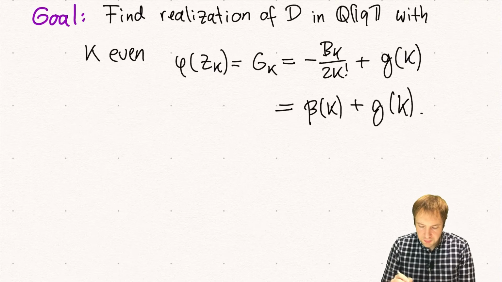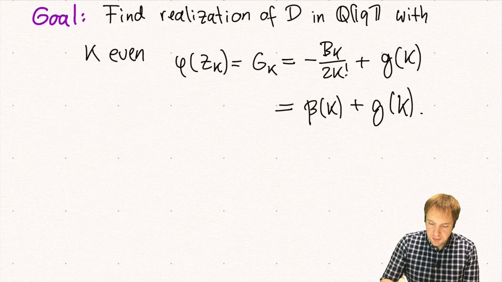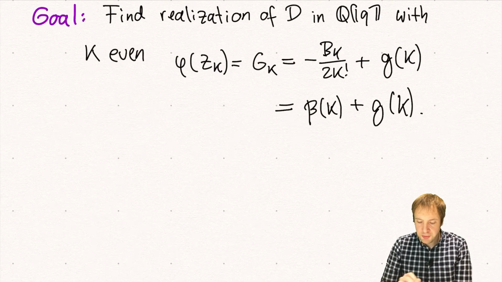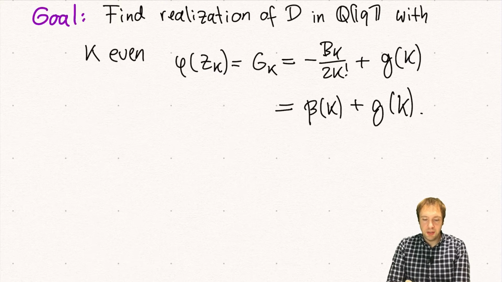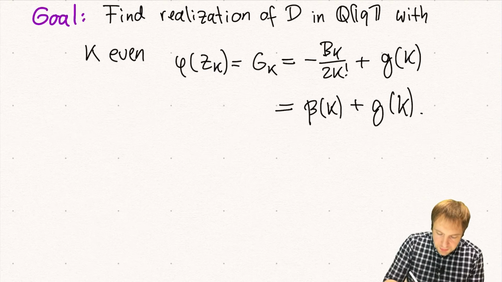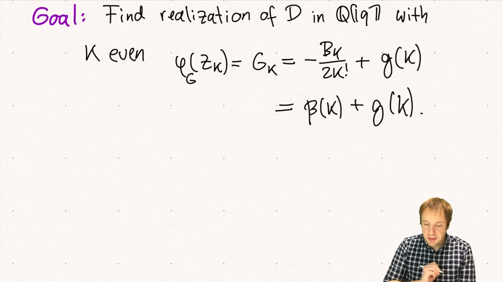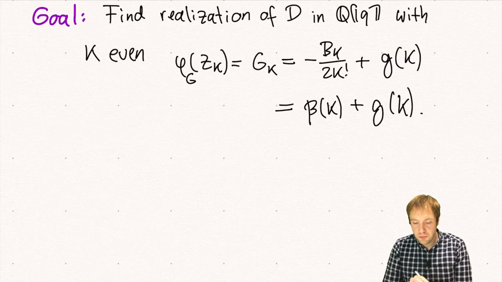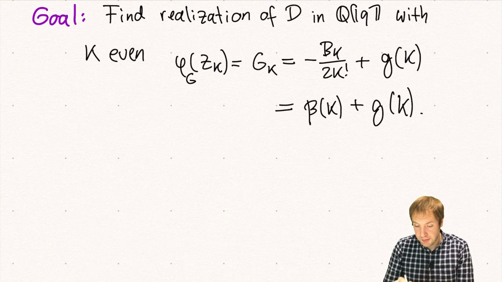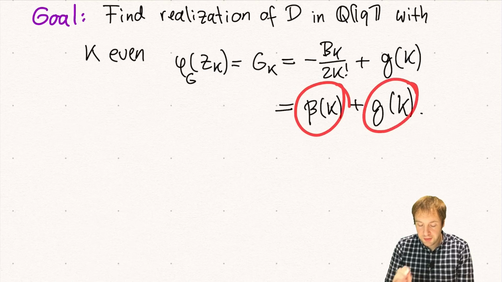And so to construct this realization, which we will denote by phi g, we will actually construct two realizations, one for this beta and one for this gk.